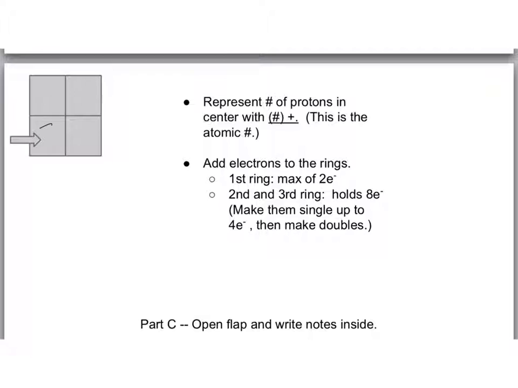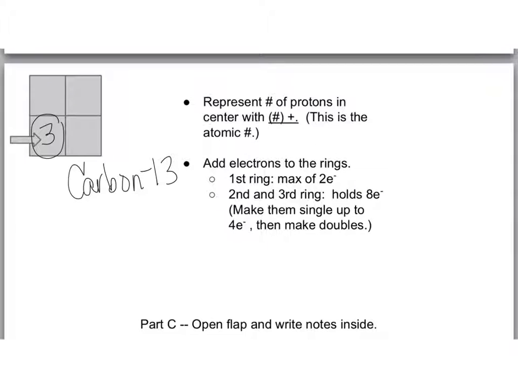The third flap is here in the lower left, and this flap is how to draw Bohr models. And we have already practiced this on a worksheet, but the first thing you want to do, let's go ahead and take carbon-13 again.